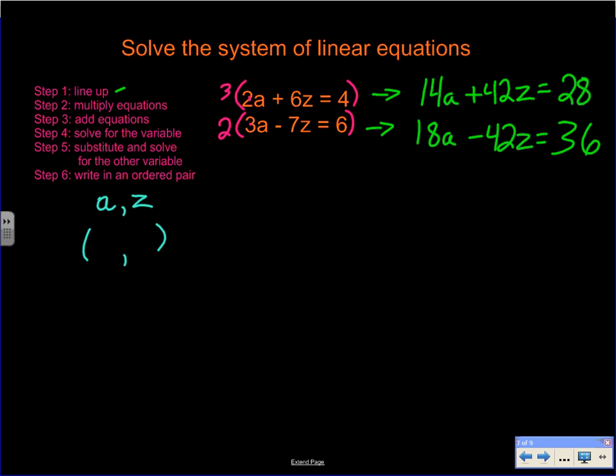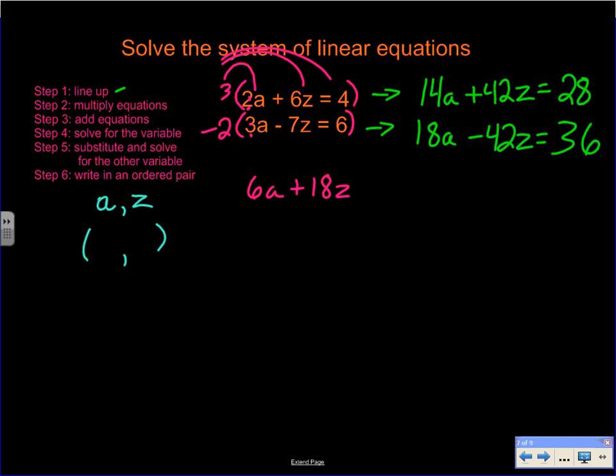So if we think about this, remember they're supposed to be opposite of each other, and the positive and negative sign go with 6 and 7. So the 2 is positive, the 3 is positive. Well, we have to make them opposite of each other, so how can we make them opposite? We just put a negative sign with one of those numbers, and it doesn't matter whether it goes with the 2 or the 3. So let's multiply these. 3 times 2a, 6a. 3 times 6z is positive 18z.